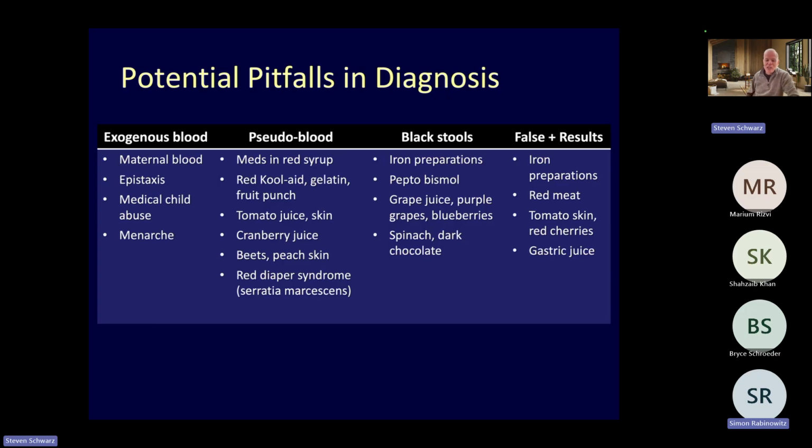And in the old days, we used to get the red diaper syndrome question, which is Serratia marcescens, that causes urine to turn red. Black stools, iron preparations, Pepto-Bismol, of course, spinach, anything that's very high in iron content or bismuth content is going to give you a black stool, and then false positive results that we already discussed.